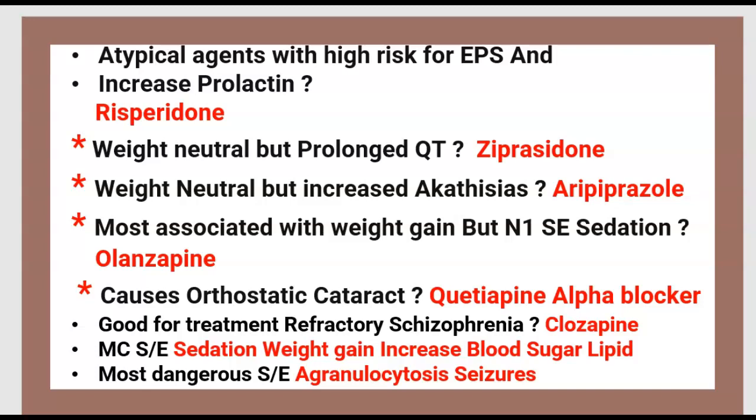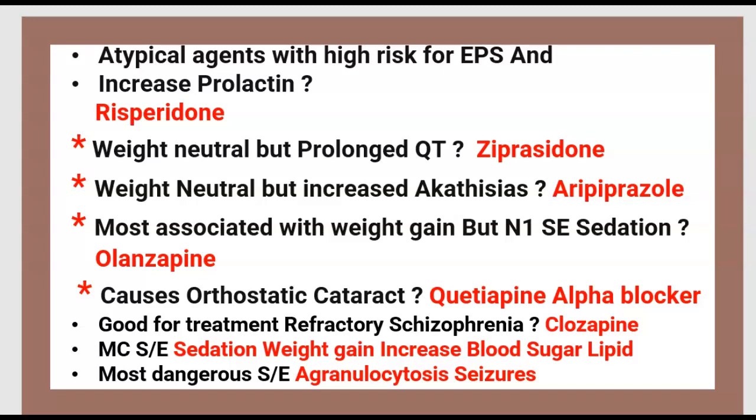Weight neutral but prolonged QT is ziprasidone. Weight neutral but increased akathisia, aripiprazole. Most associated with weight gain and number one side effect sedation, olanzapine.